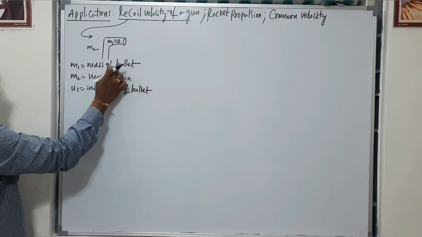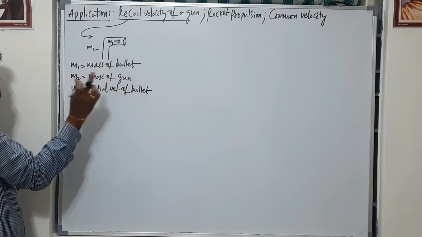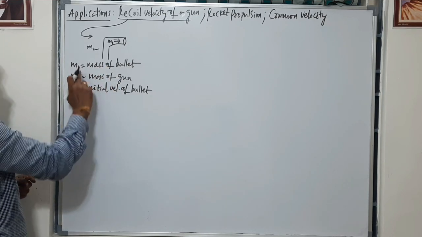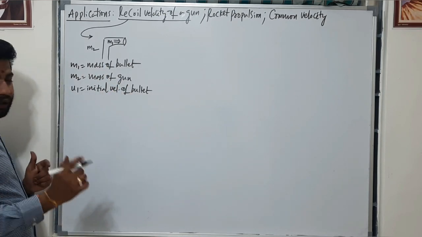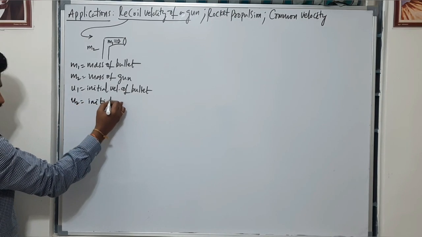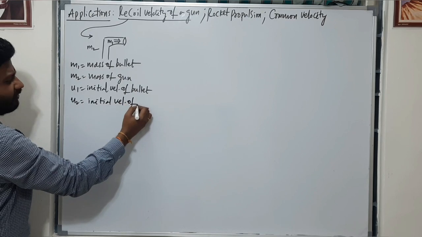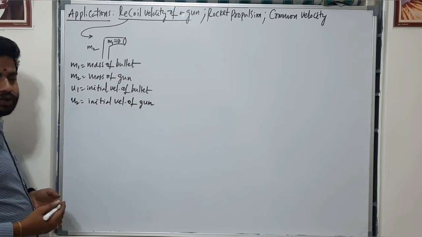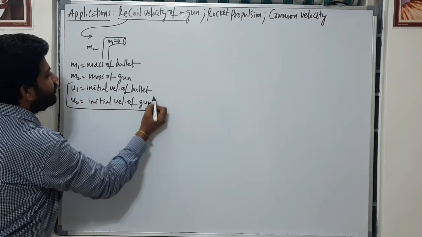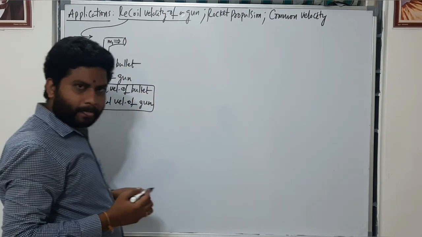In the first case, the first object we have taken is the bullet. That's the reason m1 is for the bullet and u1 is also for the bullet. And u2 is the initial velocity of the gun. Okay, so before firing these two values will be 0. Will you agree with this or not?